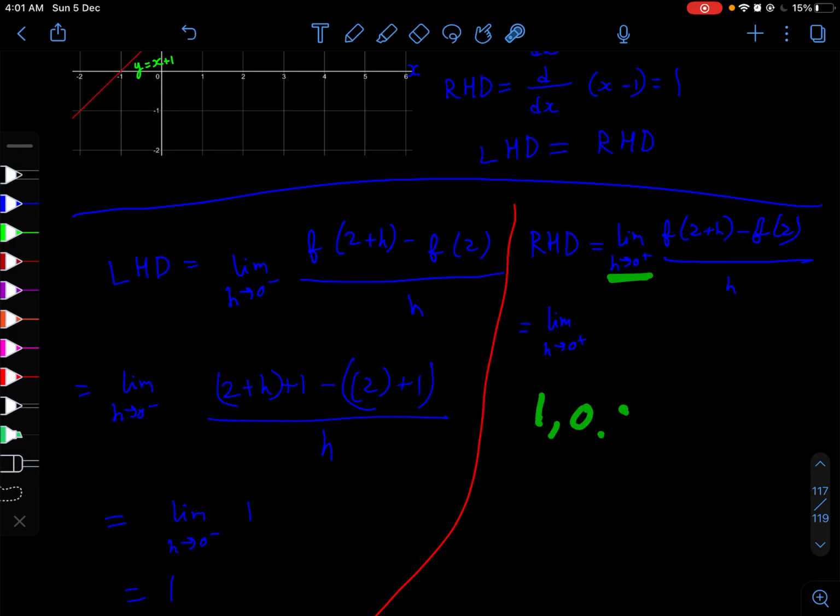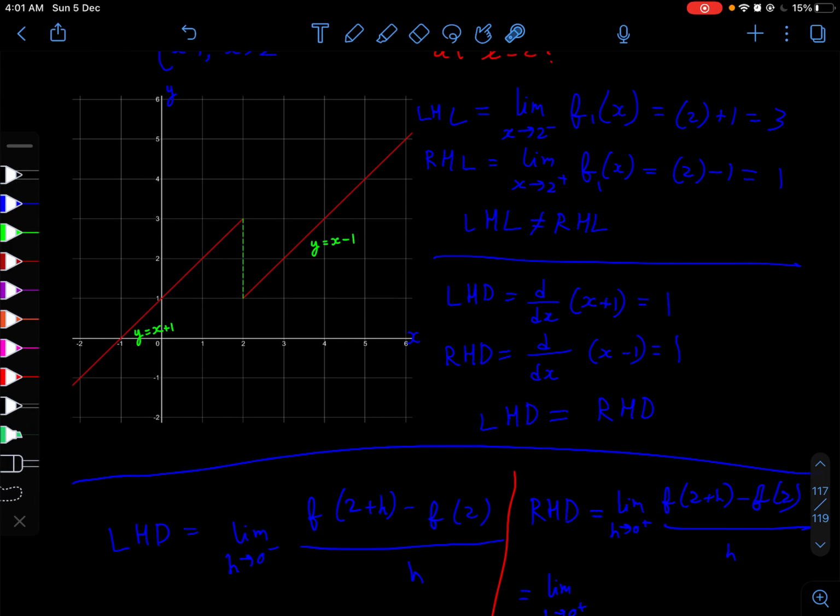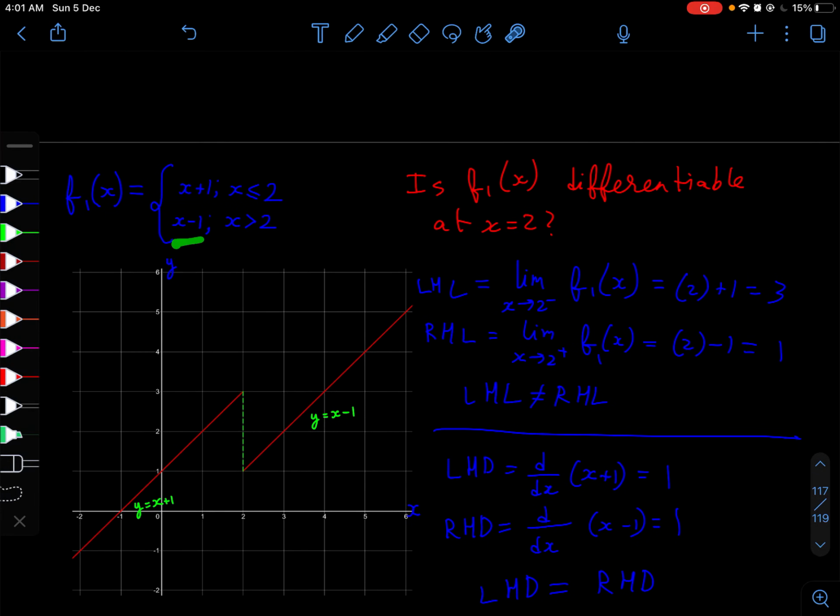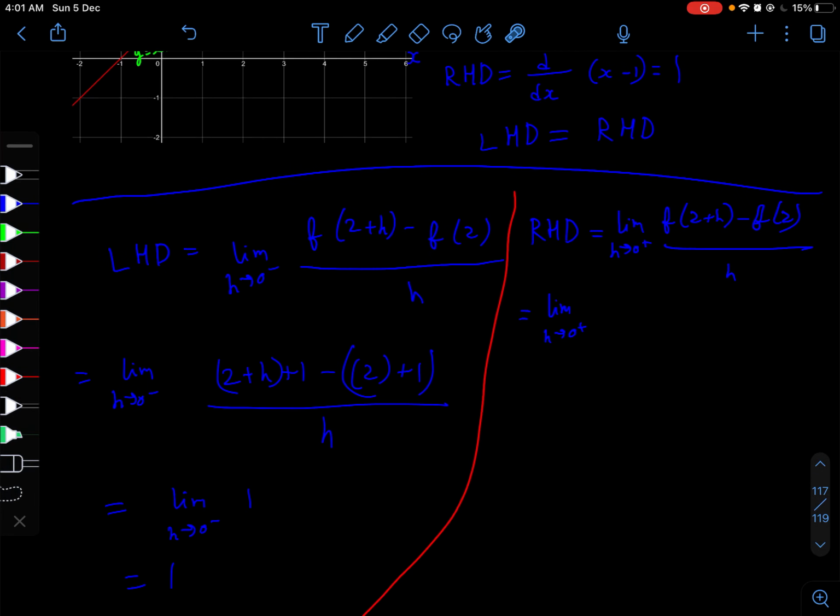So like in the previous example we took it from 1, so we had 1, 0.95, 0.9, and so on up until we were approaching 0. So here h is positive. So because h is positive, that would imply that 2 plus h is greater than 2. So that means that we need to use this one, x minus 1.